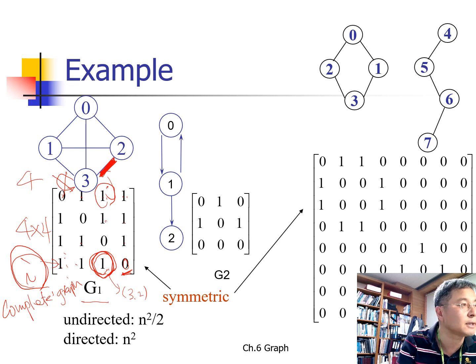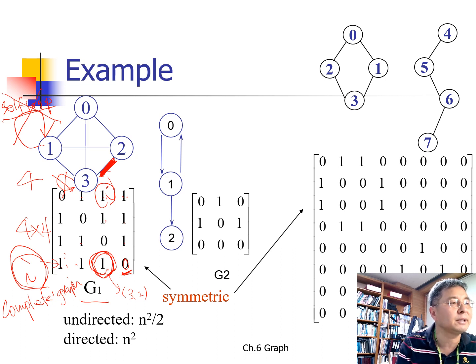A self loop means this one, and this self loop edge is not allowed in a graph. So in the diagonal of the adjacency matrix, every value is zero.